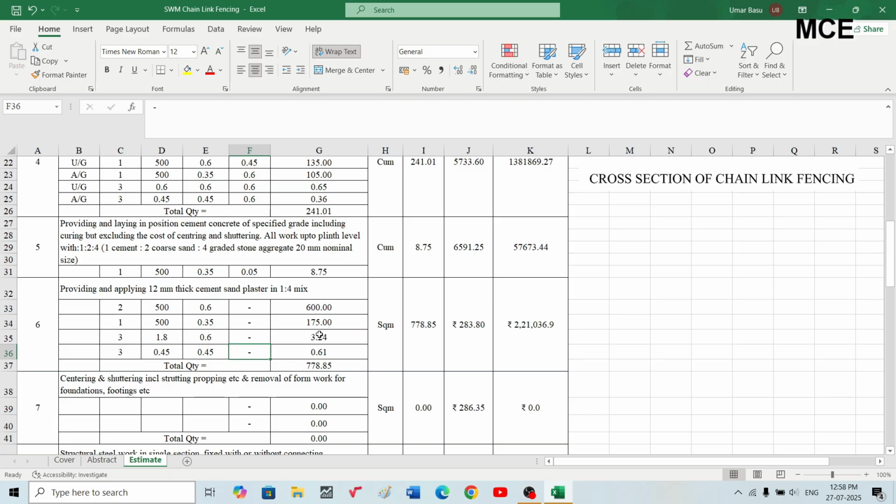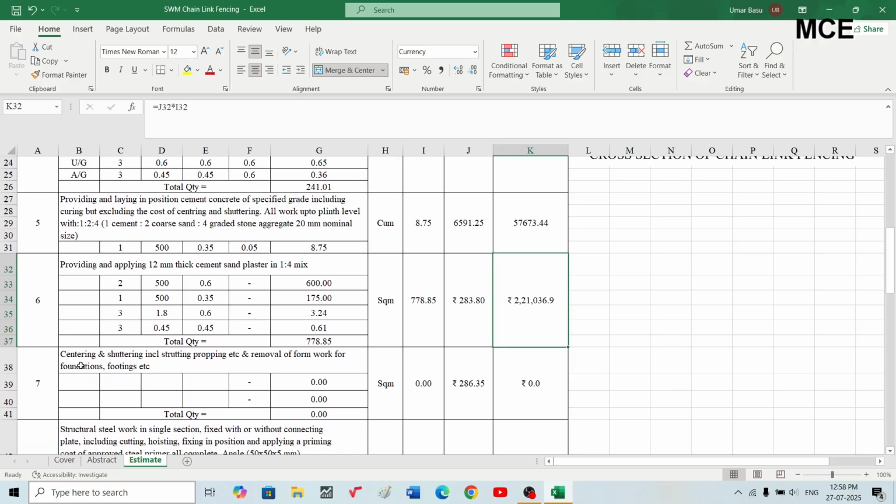So total quantity for this plaster will be, if you sum up all these, 778.85 square meter. Rate for this item in the SOR is 283.80 rupees per square meter. So total will be 2,21,036 Indian rupees.